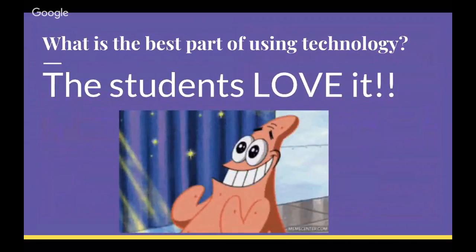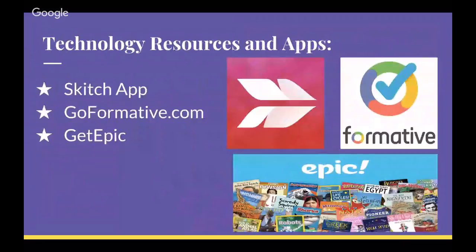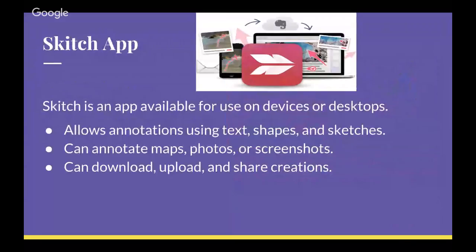So the 3 apps that we're going to go over today are Sketch, GoFormative, and Get Epic. I will show you what each of these looks like, how they can be used within the reading setting, and what they can be used for. So Sketch, first of all, is an app available for use on devices or desktops.